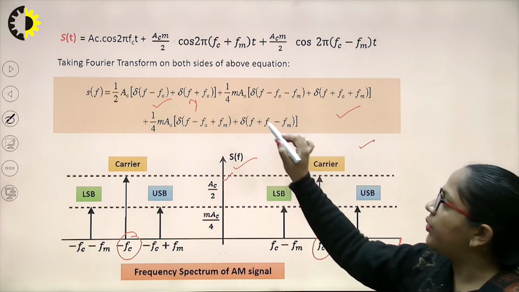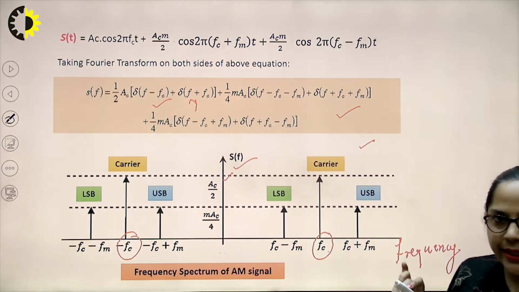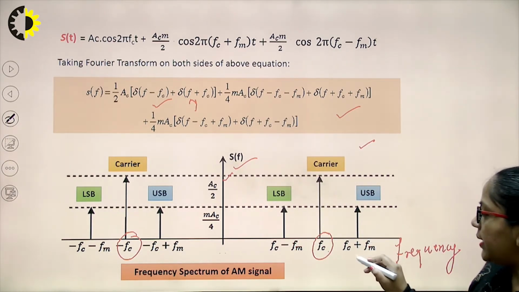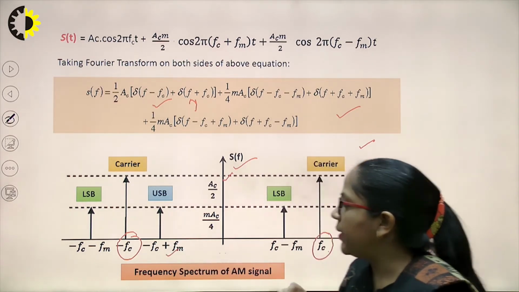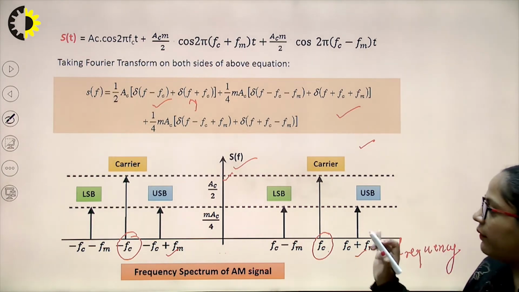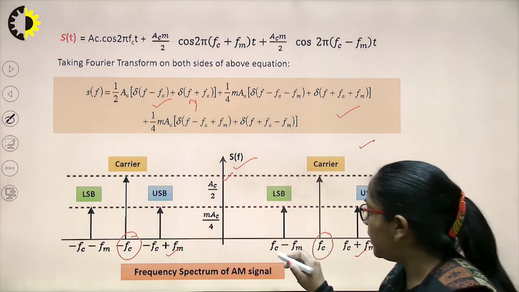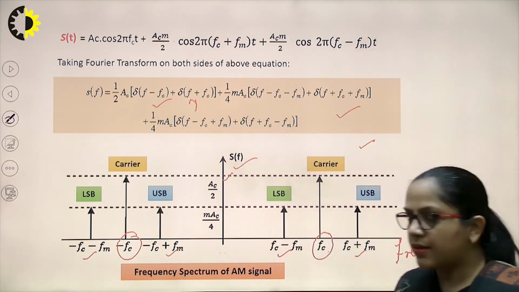Next, we are going to draw the upper sideband and the lower sideband. The upper sideband contains frequencies fc plus fm and minus of fc plus fm. Similarly, we can draw the spectrum for the lower sideband having frequencies fc minus fm and minus of fc minus fm.